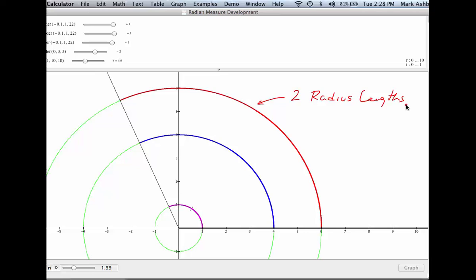How long is that arc length? How long is that arc? 2 radians. Taz, how long is the arc length? It's 2 radius lengths. Is there another way, Fuda, to say how long that arc is? It's 2 radius lengths. What else is it in terms of its length?